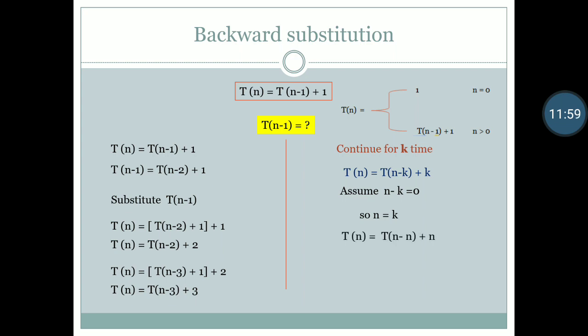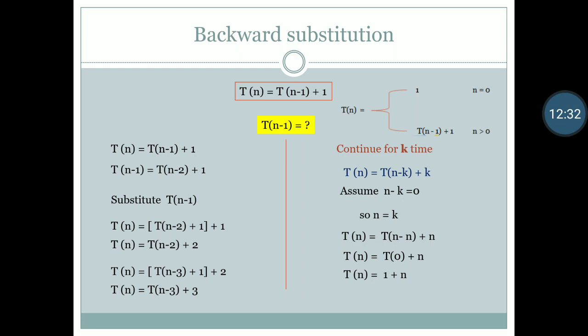This thing we will put into the equation. So our equation will be Tn is equal to Tn minus n plus n. From that we can say Tn is equal to T0 plus n. From the above equation we know T0 is 1. So the solution of this equation becomes Tn is equal to 1 plus n, or n plus 1.